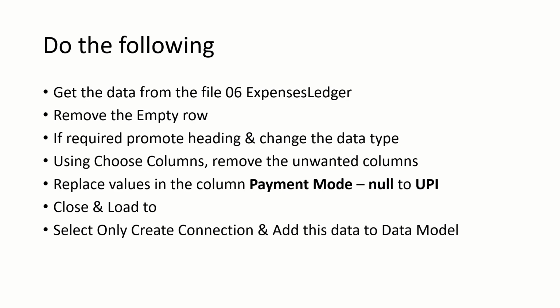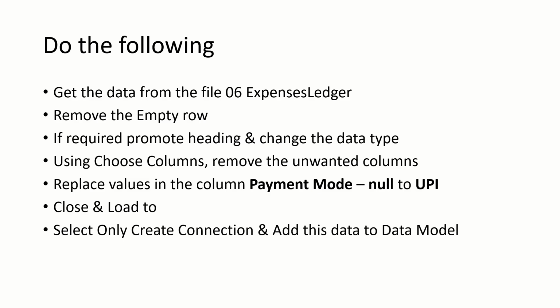Get data from the file called 06 expense ledger. Remove the empty rows, if there are any. Promote the heading, if required. Remove the unwanted columns, you can use choose columns.